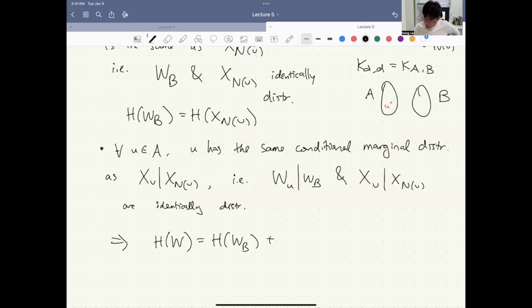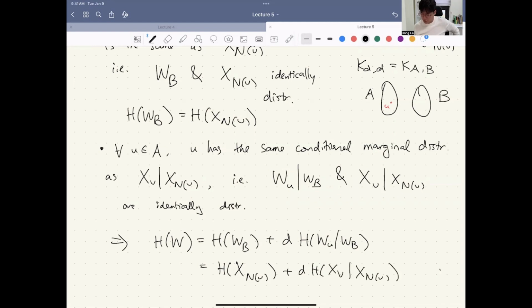So plus D, the number of vertices in A, times the entropy of WU conditional on WB, right? Which is, in our definition, H of X and V plus D times H of XB conditional on X and V, as desired. This finishes the proof. Any question?